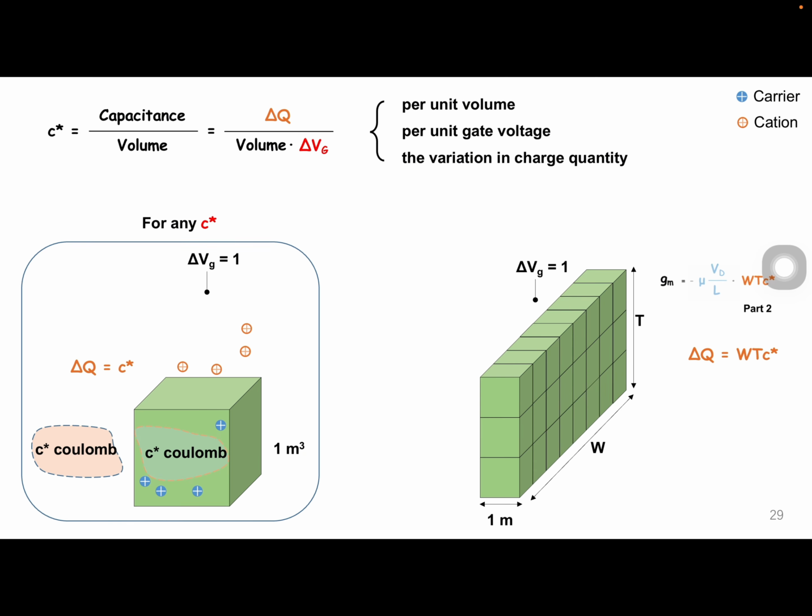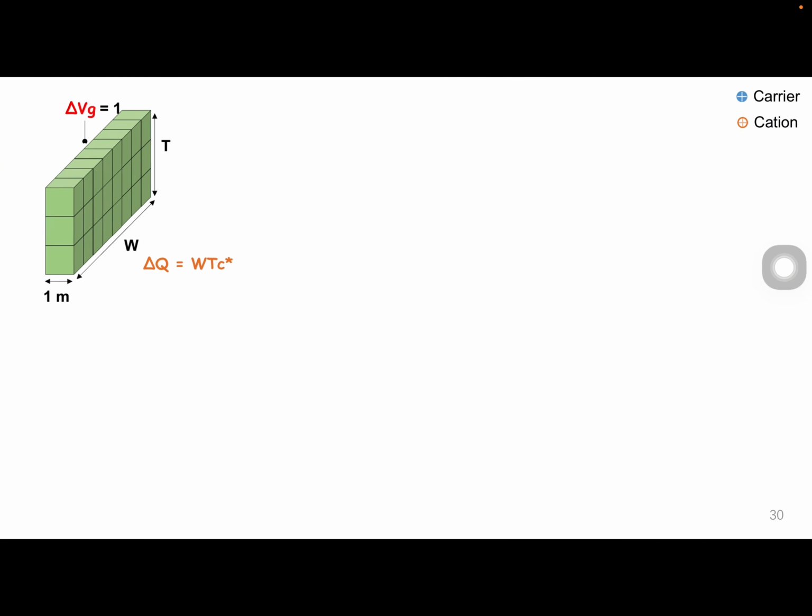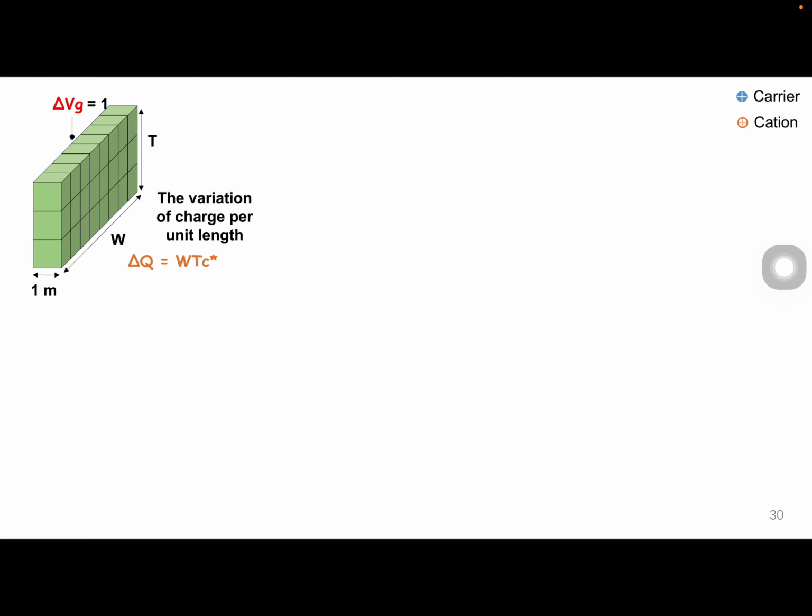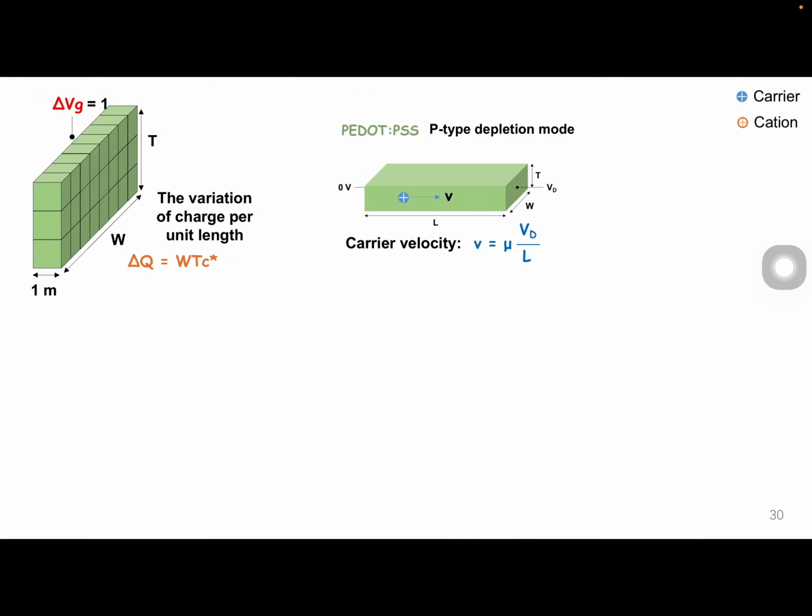This is the second part of the GM formula, and its physical meaning is the amount of change in electric charge per unit length. Okay, let's review the first part just now, which is the velocity of carrier.